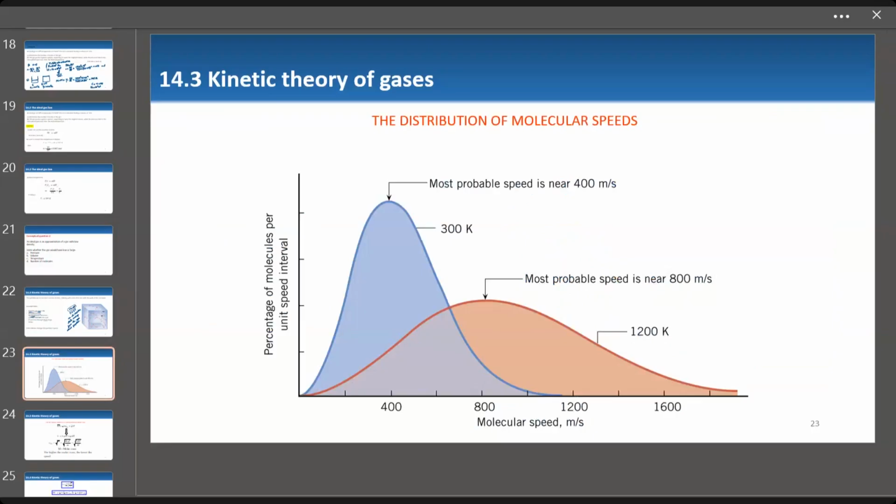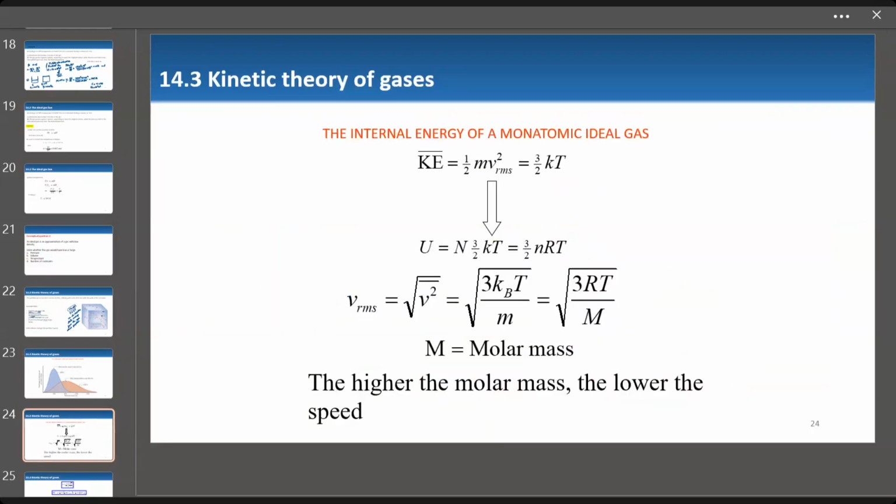So one thing we notice is that we get this interesting relationship that links the temperature of a gas to the speed of the atoms. How fast the atoms are moving is solely related to the temperature of these atoms.